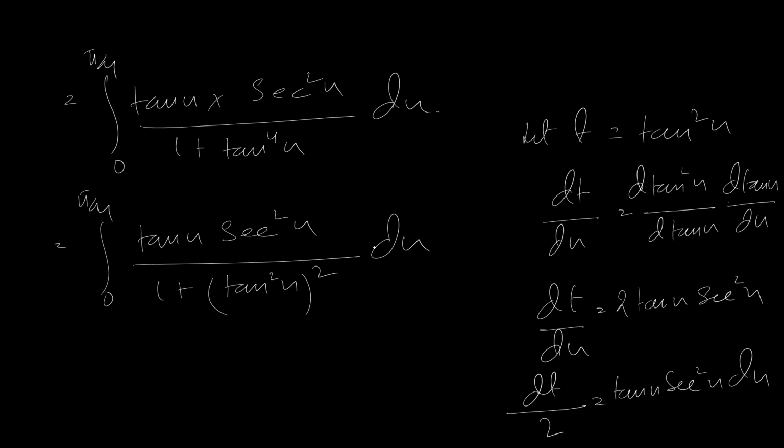Now I will also have to change the limit here. This is tan square x, the lower limit is 0, so therefore t is equal to tan square 0, which will be ultimately 0. And at pi by 4, t is equal to tan square pi by 4. Tan pi by 4 will be 1, so 1 square will be ultimately 1.